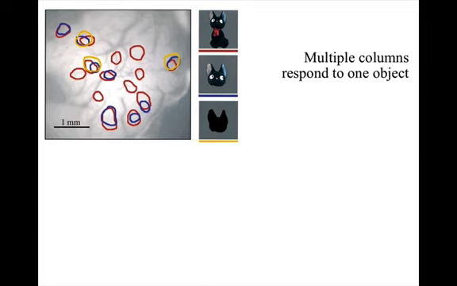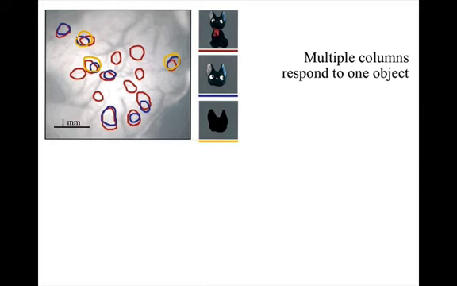The large picture on the left shows where there was activity on the surface of the monkey cortex in response to the three images on the right: a cat, the head of a cat, and the silhouette of a cat head. Underneath each image is a different colored line, and the cortical columns active in response to each image are circled by a line of the corresponding color.